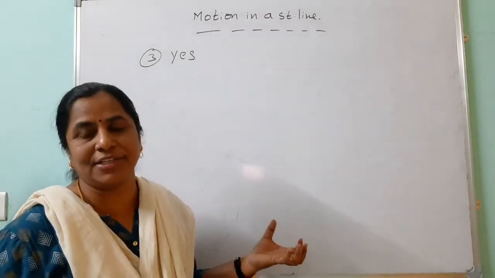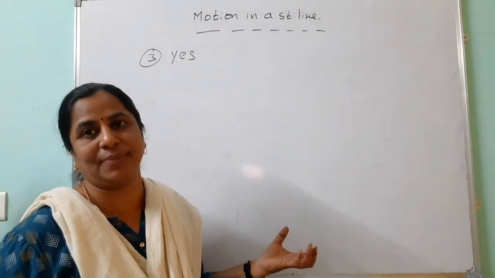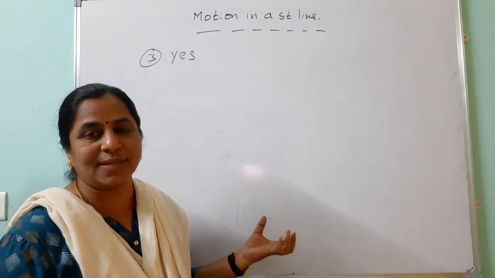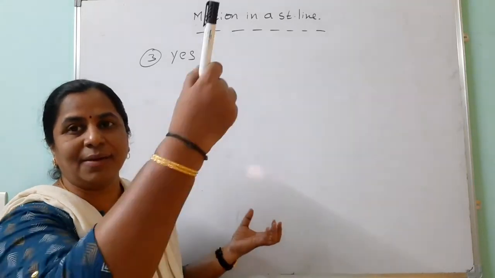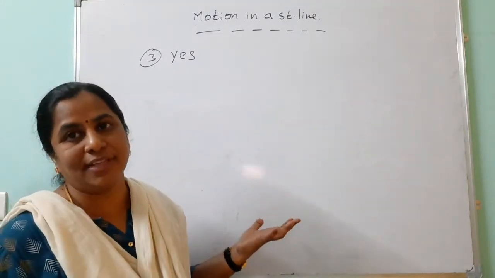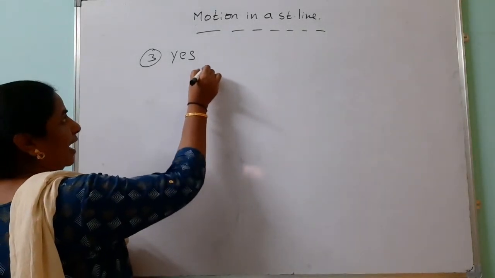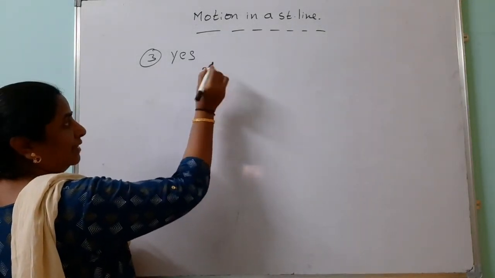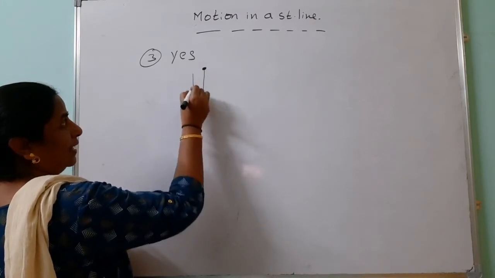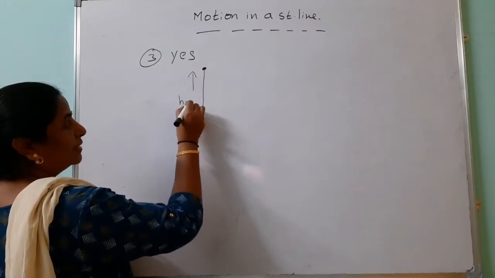Then for the other explanation, we should give an example. Suppose this marker is there. When the marker is thrown upwards, it goes up, and after reaching some height, the maximum height, what happens?